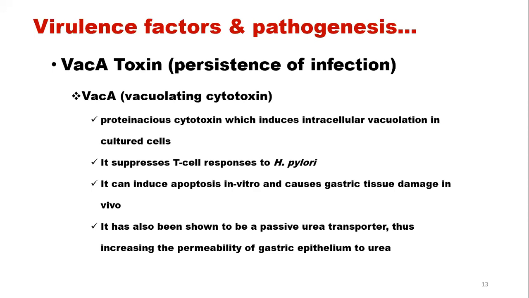So this organism allows more urea to get transported to the epithelial cells, destroying them further. It suppresses T cell response. So the organism continues to trigger this inflammatory response while it is suppressing the ability of the immune cells to get rid of it.